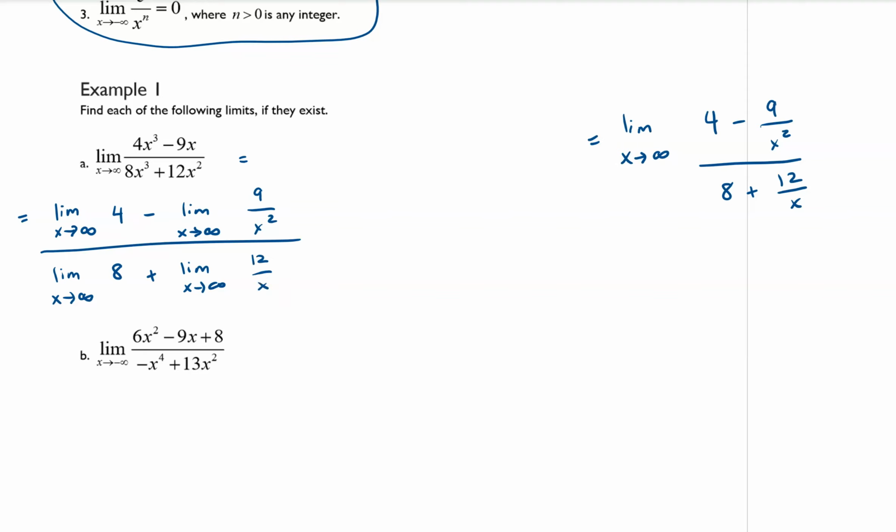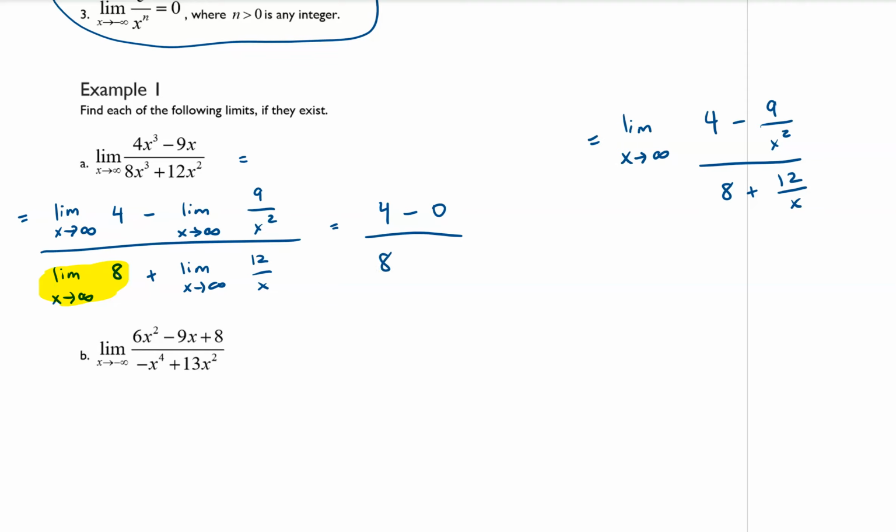Now remember, if we use property 1 from above, the limit as x goes to infinity of a constant is just whatever that constant is. And then minus, here we can use property 2 to say that this thing here is 0. So 4 minus 0 over, now this thing here is the limit of a constant again, and that constant is 8.